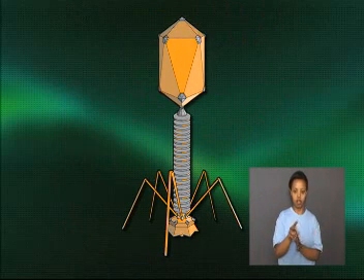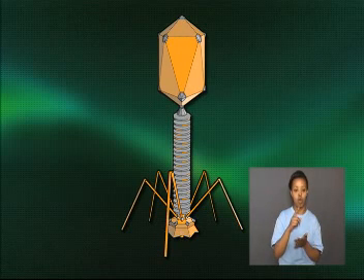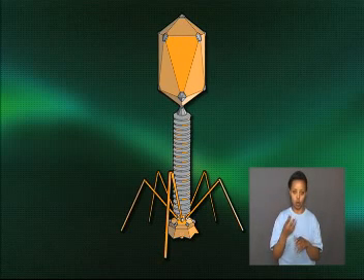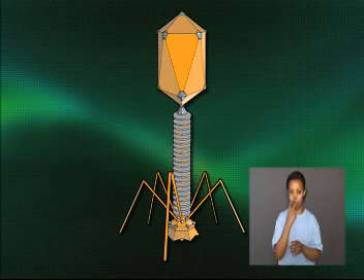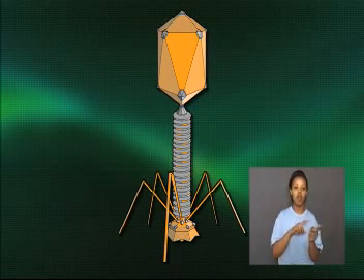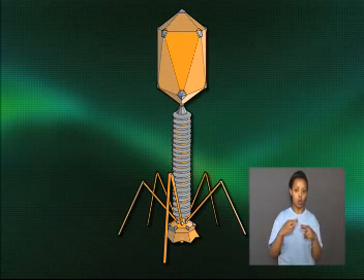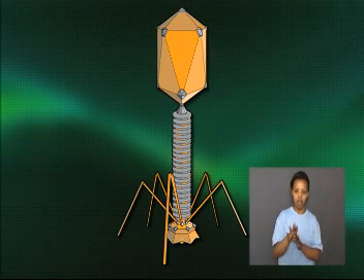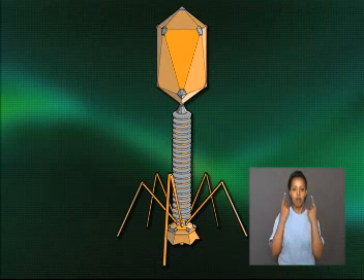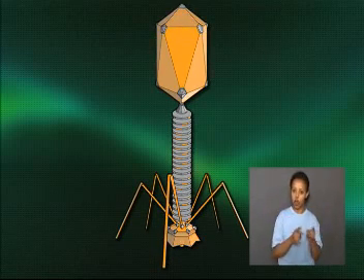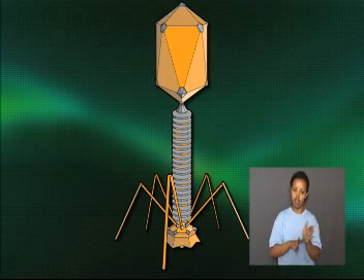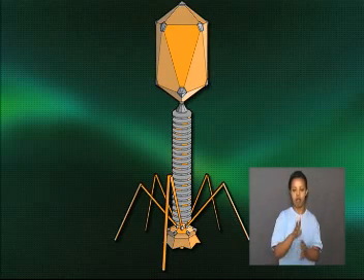That is why they are used to study the multiplication of viruses. Also, knowing the life cycle of bacteriophages is necessary to understand one of the mechanisms by which bacterial genes can be transferred from one bacterium to another.